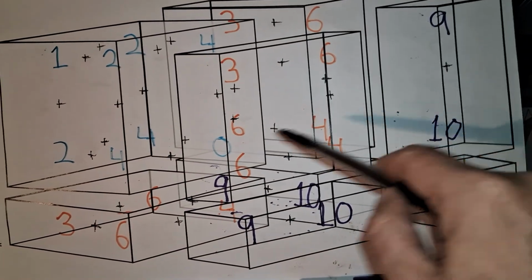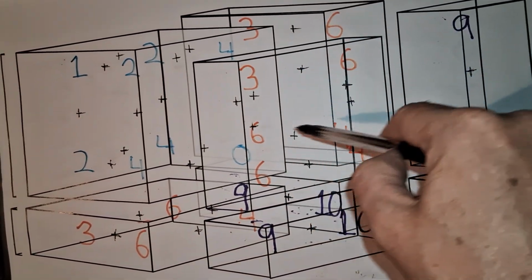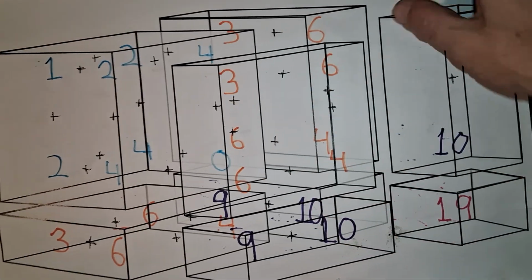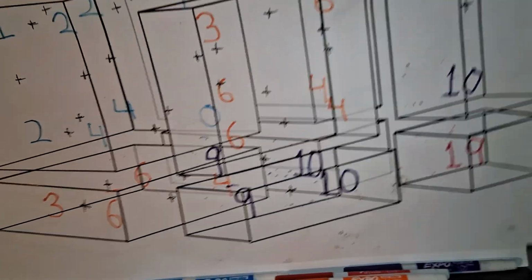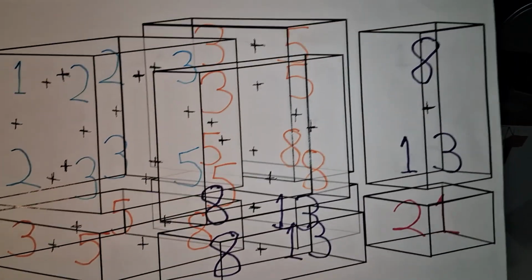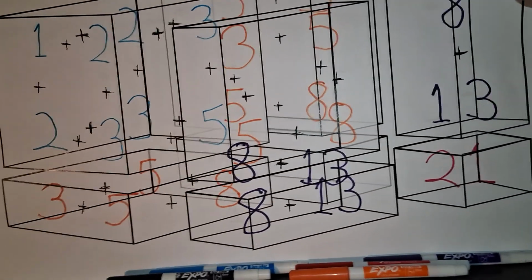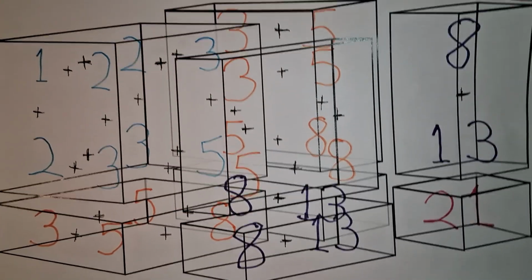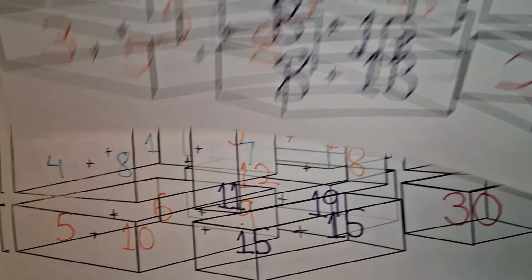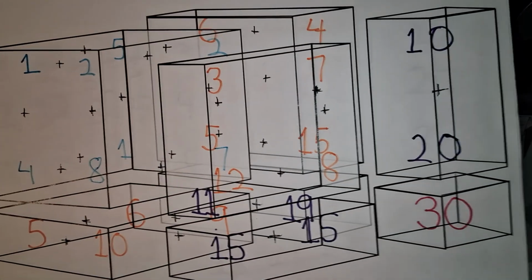These columns are the same. These slabs are the same. These are other instances where I just put the addition signs in there.